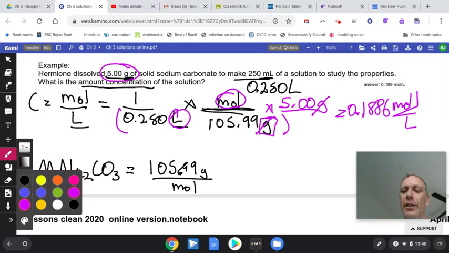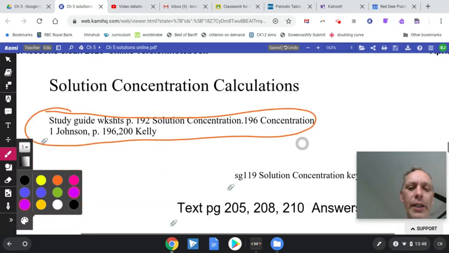And we're allowed 3 sig digs, so that becomes 0.189. And I can also write a capital M, which is the same as moles per liter. Okay, we're done. Woohoo!